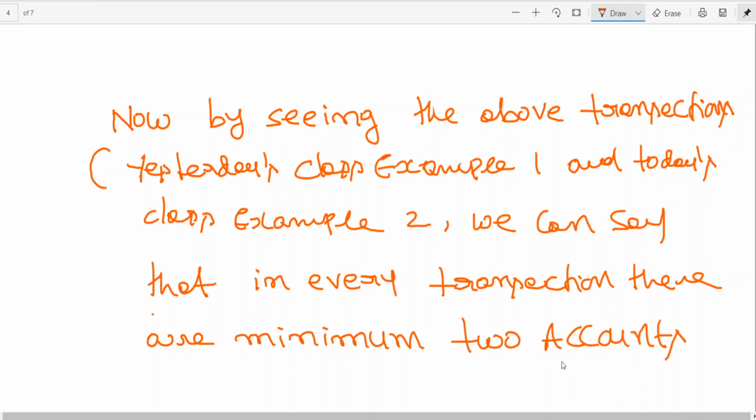I am using the word minimum two accounts.